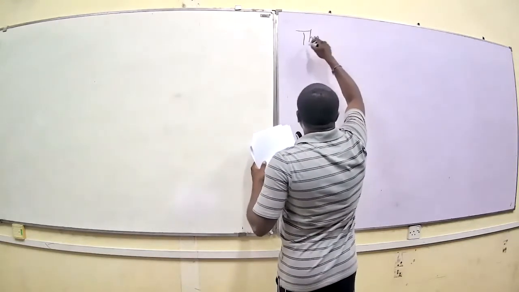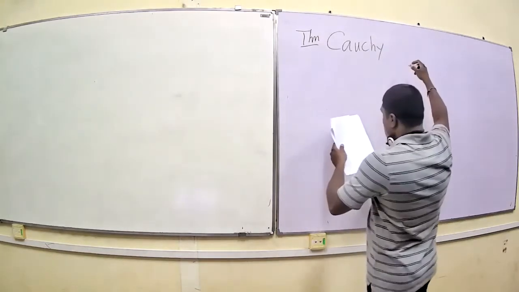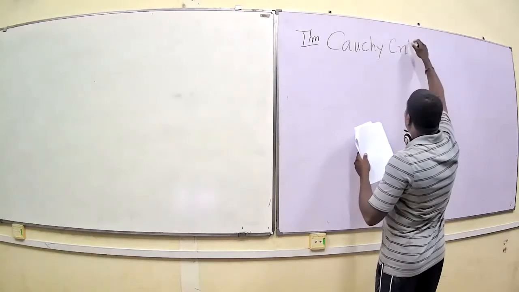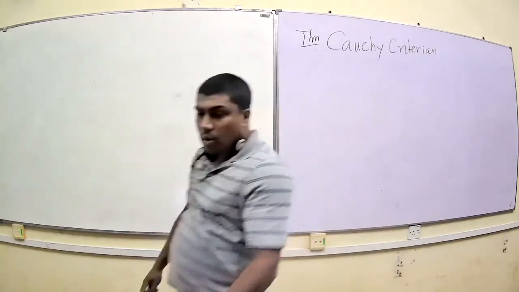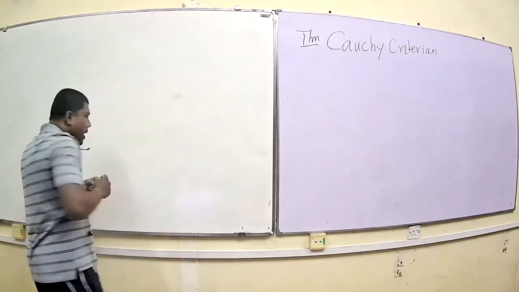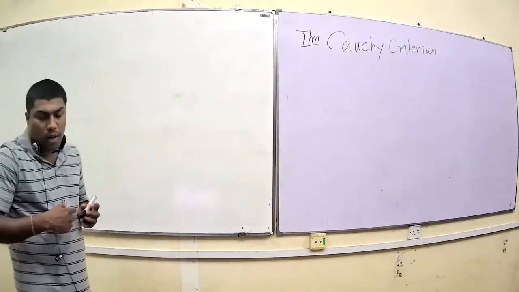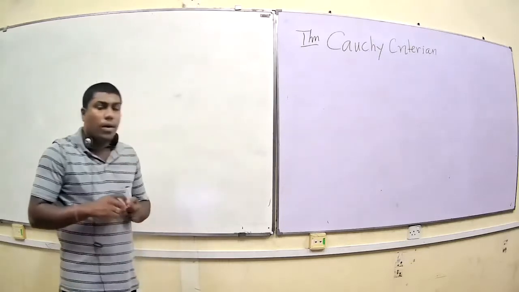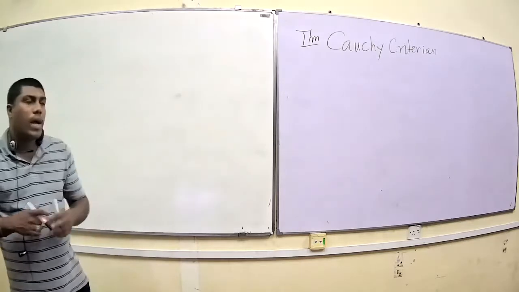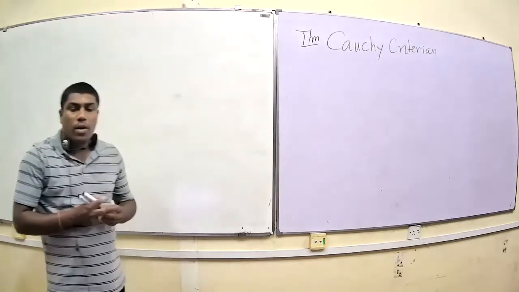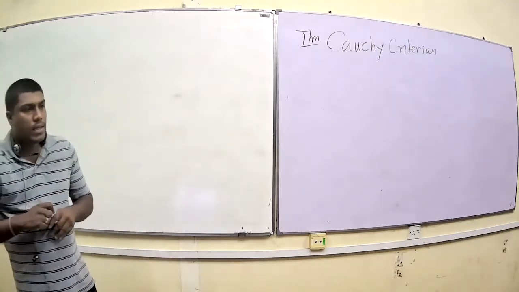I will write this as a theorem. The Cauchy criterion is an interesting property associated with convergence and Cauchy sequences, but it is true only for real sequences. Since you are in the first year and only talking about real sequences, you don't need to worry too much about other sequences.